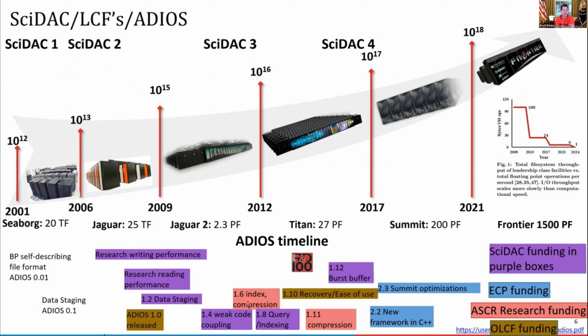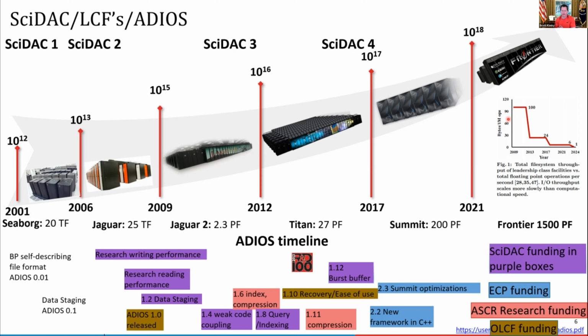I'm trying to remember the Seaborg IBM SP2 system, up until now where we're at Summit, and soon, as you know, we're going to Frontier. And during this time, the figure on the right, which was made by one of my good colleagues, Ian Foster, and myself, we were kind of tracking how the file system fared compared to the amount of flops.